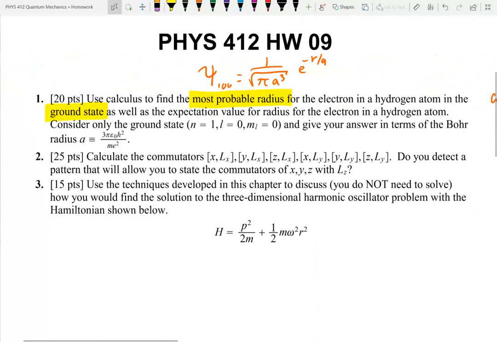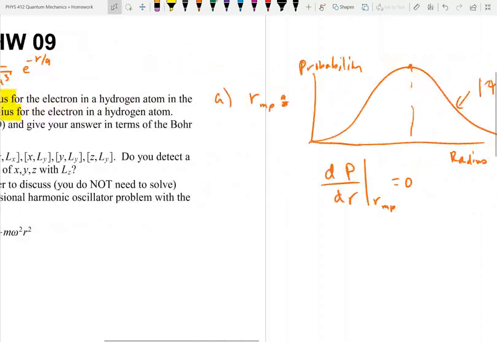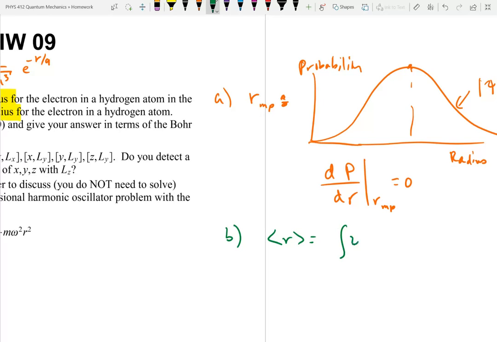But then there's a second portion to this problem, the expectation value for the radius. So how do you find the expectation value? The integral of psi conjugate with the r in the middle, times r times psi.